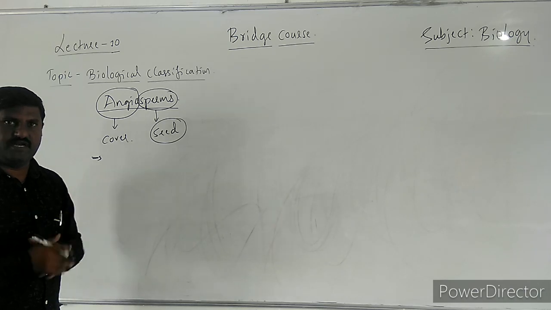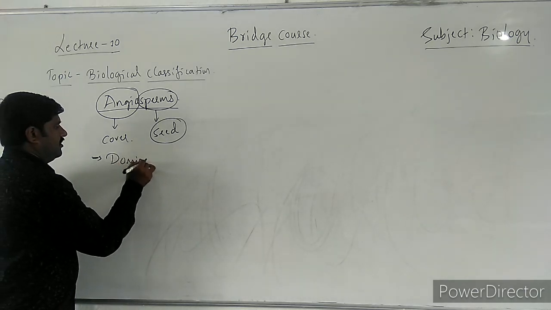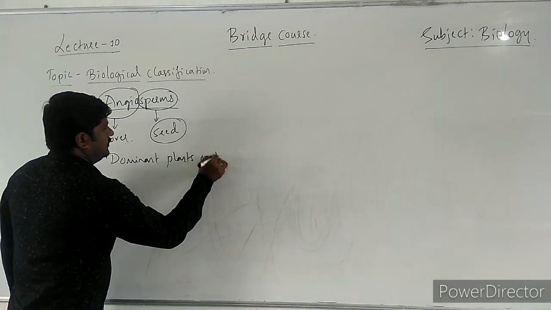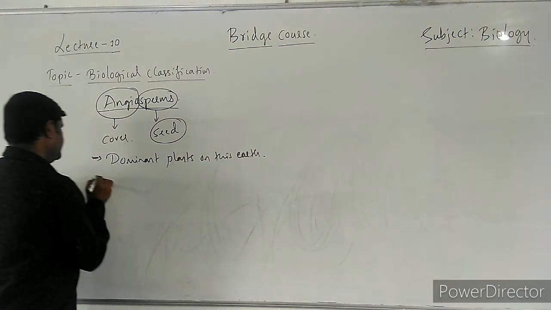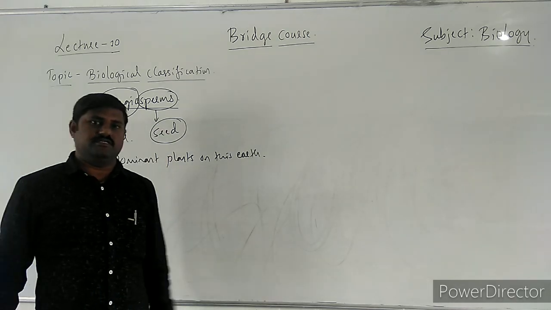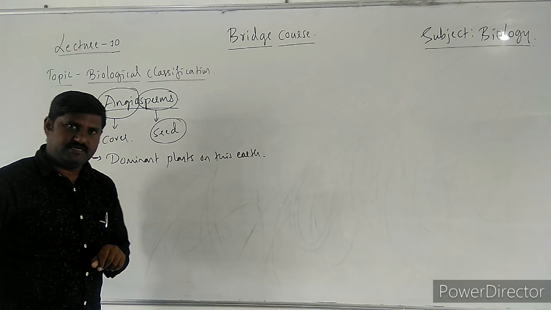Such kinds of plants which bear seeds with a fruit wall, they are commonly known as what? Angiosperms. These are the dominant plants on this earth. Right? In the Jurassic period, gymnosperms were dominant. In the same way, nowadays, angiosperms are dominant on this earth.